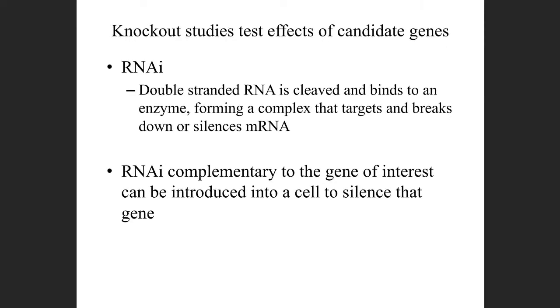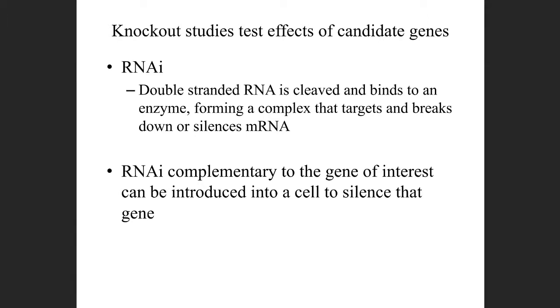A way that you can tell whether candidate genes are necessary for a behavior is by doing knockout studies. And that's now a lot easier using RNAi. So you can make double-stranded RNA that binds to an enzyme, and because it's complementary to it, it silences that messenger RNA.